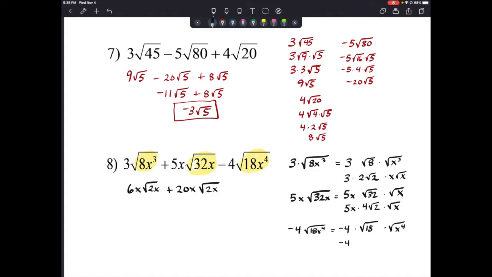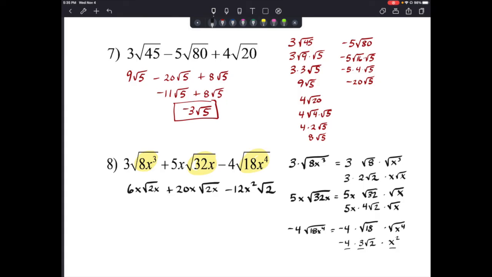We know that's 9 times 2, so that should be times 3 radical 2. And then the square root of x to the fourth we know is going to be just x squared. We'll take those, combine those together. We should have negative 4 times 3 times x squared, which would be negative 12x squared. And then we have just a radical 2 left over.